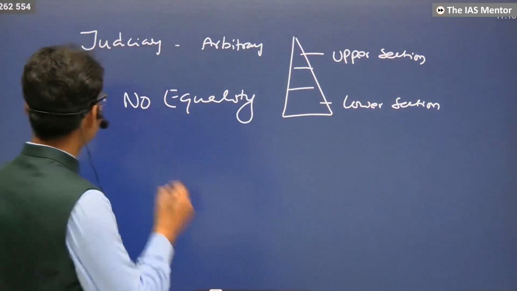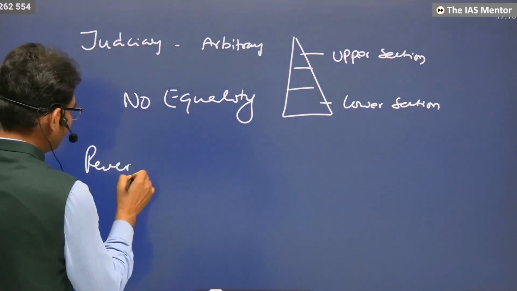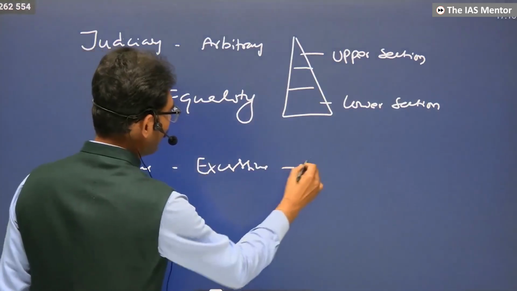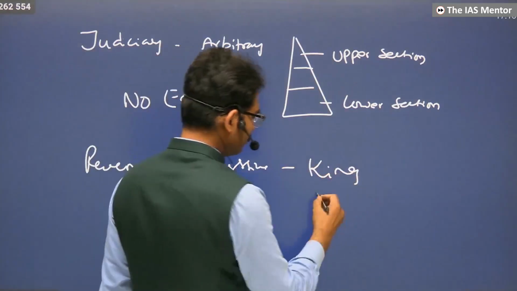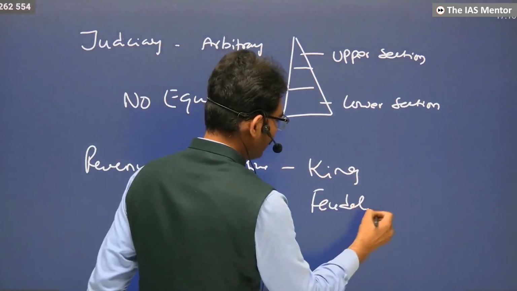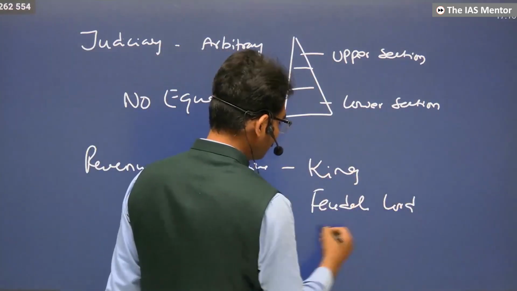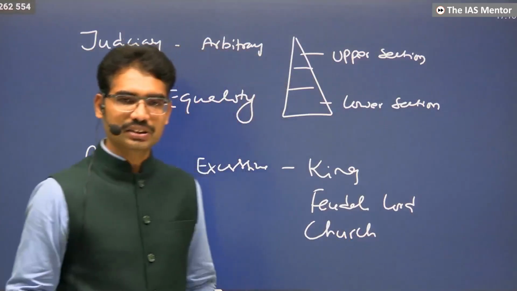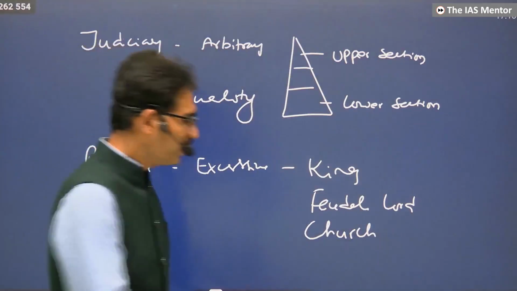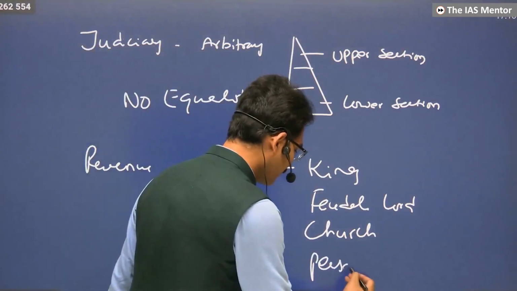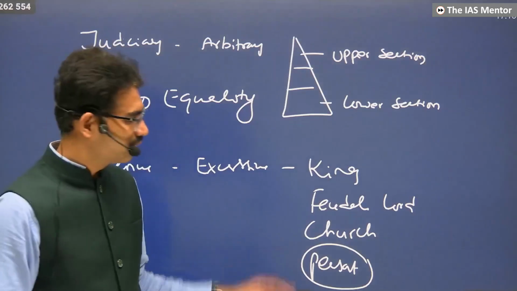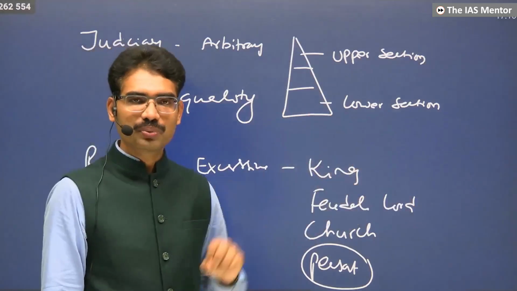Then the revenue system, collecting arbitrarily, an excessive revenue system. The king collects a certain tax. Then the feudal lord at ground level collects some other tax. The church says, I also need a share in the church collection, a separate tax. So peasants have to pay different kinds of taxes to different sections of people. No common taxation, no rationality in imposing this tax.